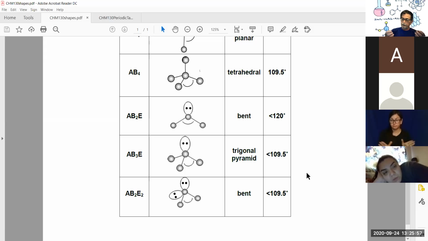That is the kind of 3-dimensional structure of water in this case. And that bond angle is much less than 109.5 because of those 2 lone pair on the central atom, in this case, oxygen. And the name for this geometry is called bent.